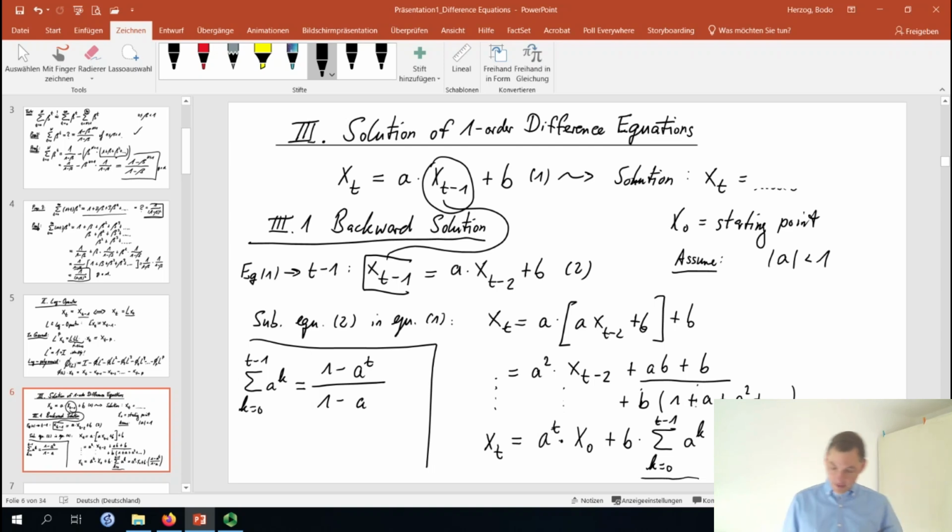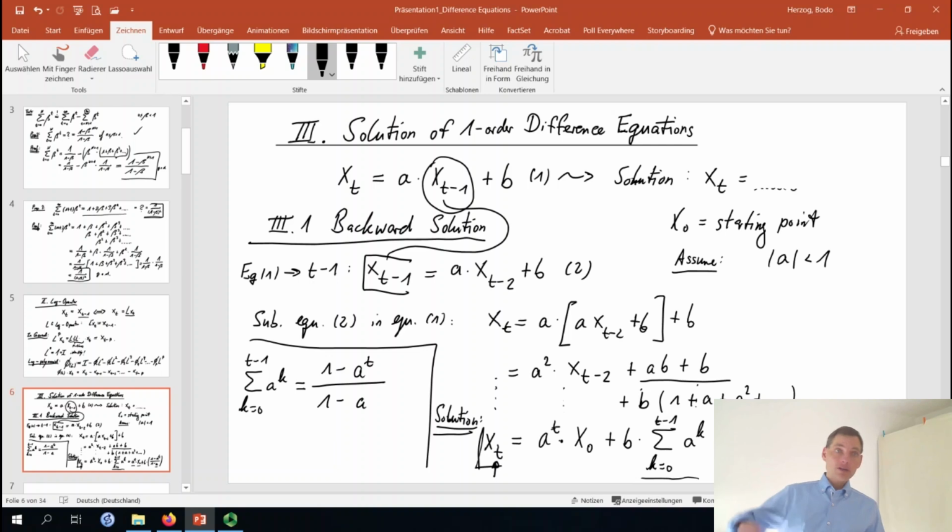And now you see this is the solution. This is really the solution we have obtained. It's a function just dependent on t. All the other terms, this x0, this a, are numbers. So it's just dependent on time. And when you want to know what is x at time t equals 10, you just plug in 10 here and 10 here, and you get a value, and you see the number.